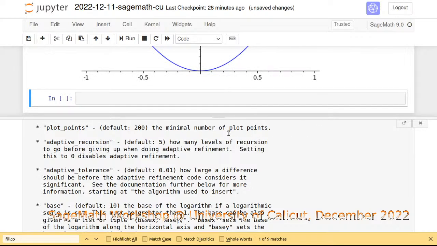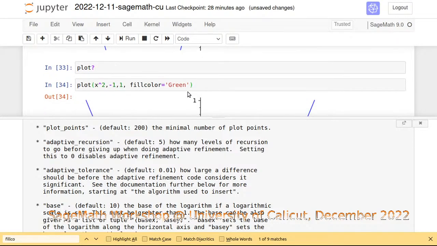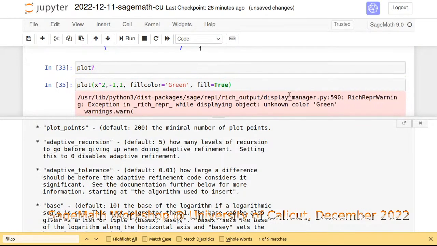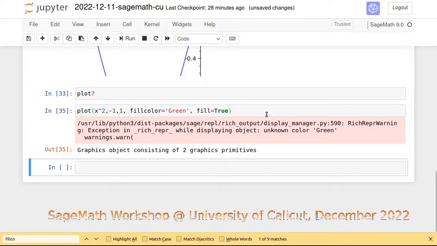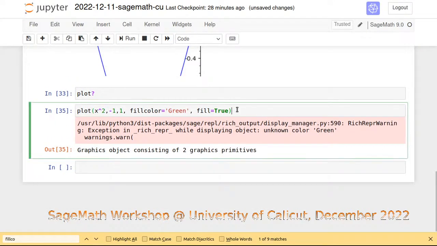Fill is equal to true also, maybe we have to turn on. Let us even turn that on. Is it filling? Fill equal to true, fill color is equal to green. Why is it not showing?